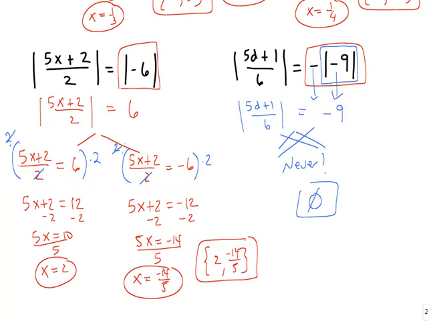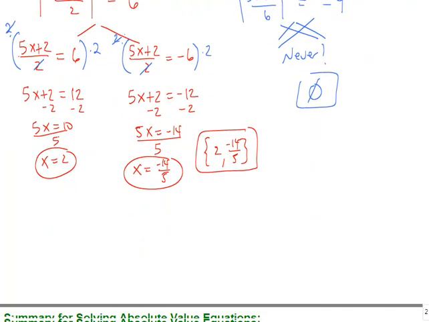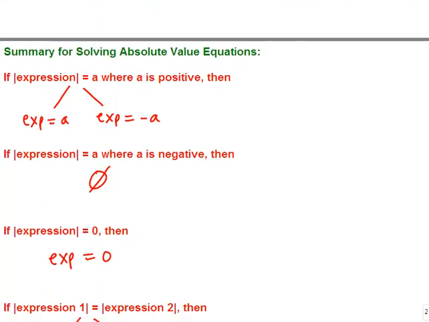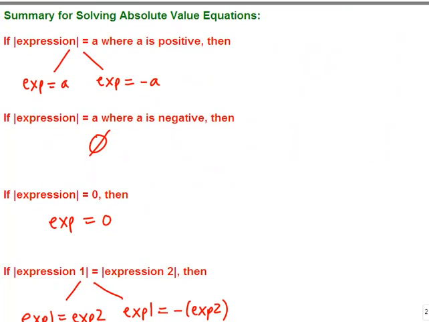Okay? So these are our cases for solving absolute value equations. On this last page, I just have a summary of all the different cases that we've done. If you have an absolute value expression set equal to a positive number, so here a is positive, then you just separate this into your two cases, set your expression equal to positive a or your expression equal to negative a.